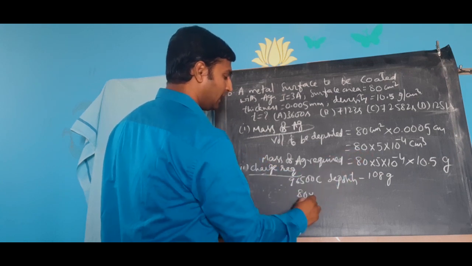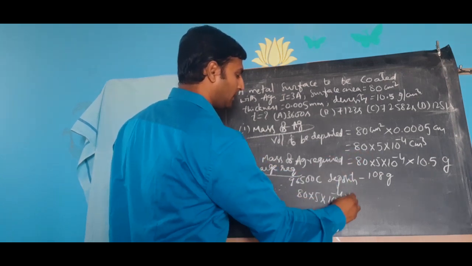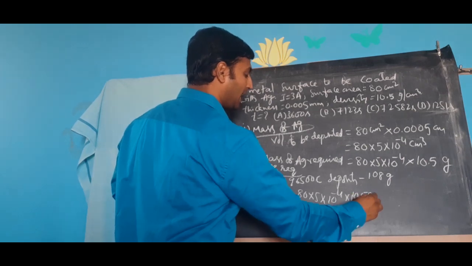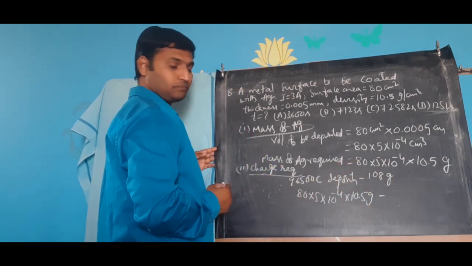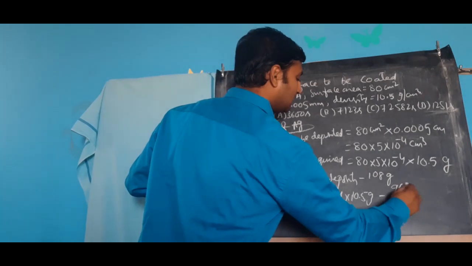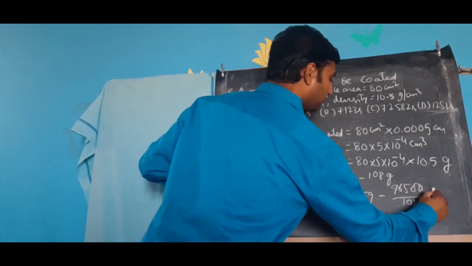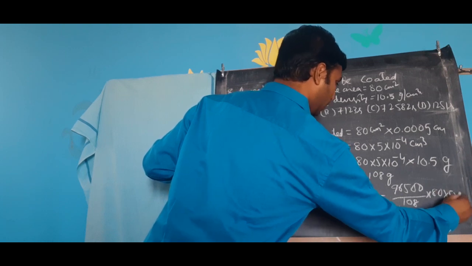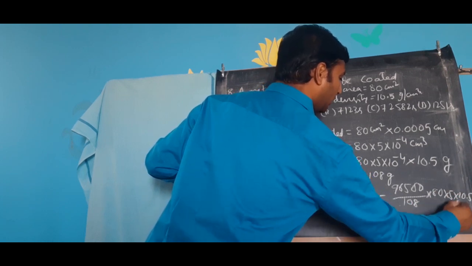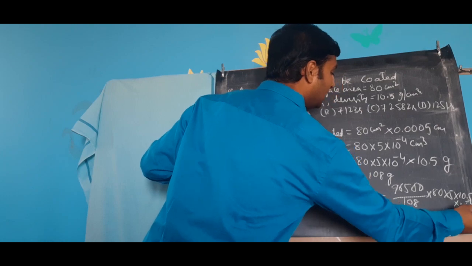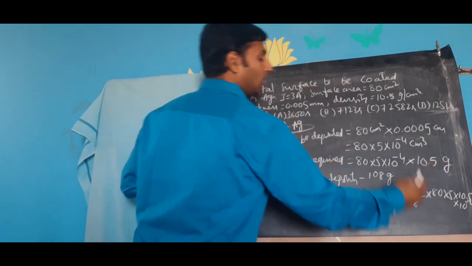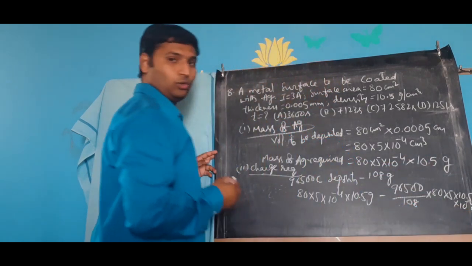Therefore, for depositing 80 into 5 into 10 power minus 4 into 10.5 grams, how many coulombs are required? You understand? So 96,500 divided by 108 into this whole value, 80 into 5 into 10.5 into 10 power minus 4. That gives you the charge required in coulombs.